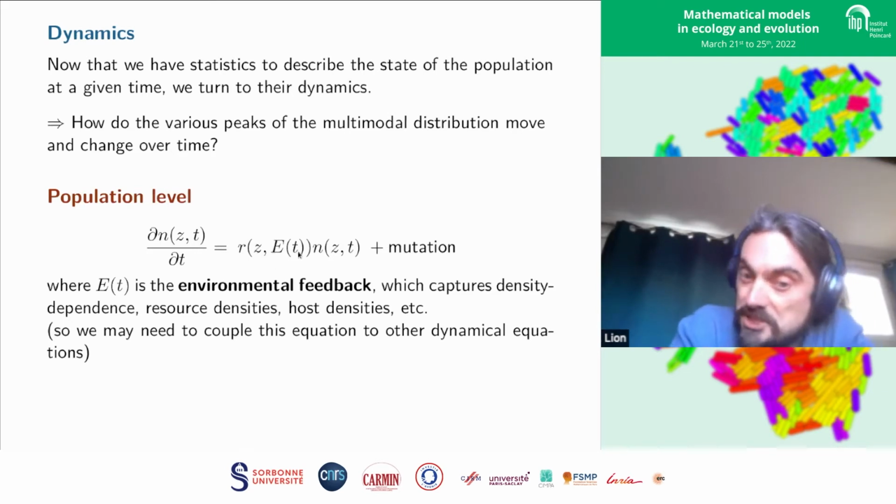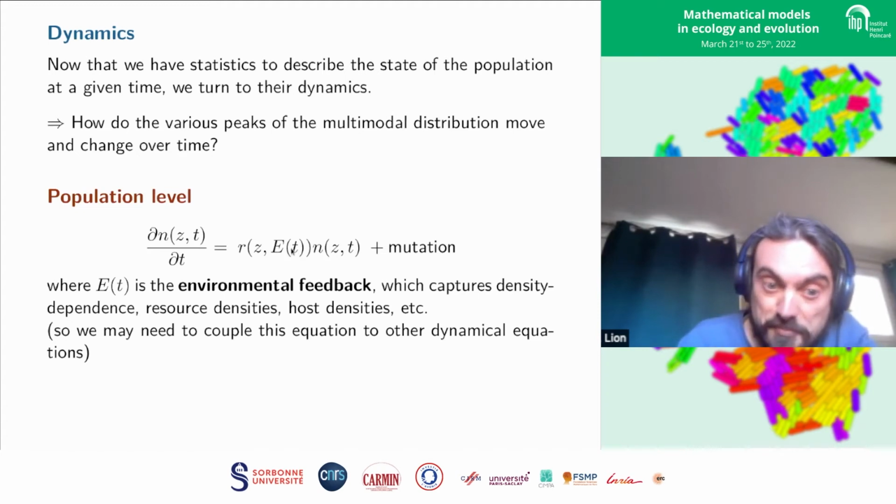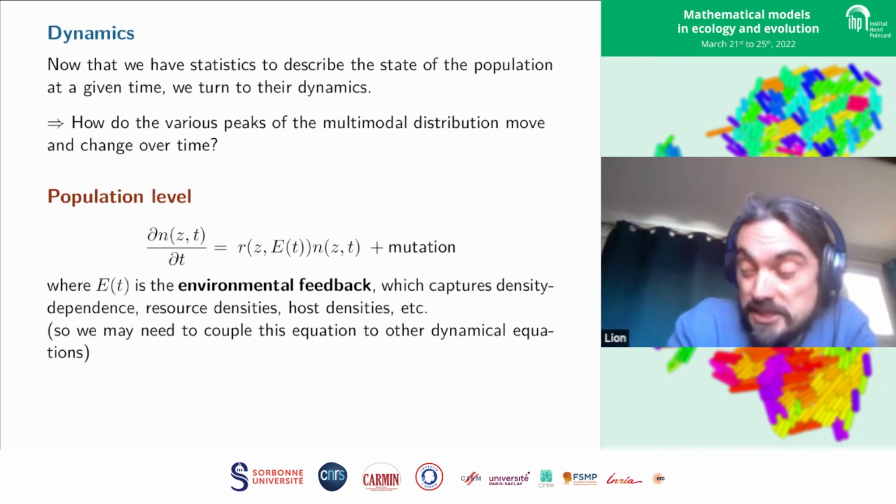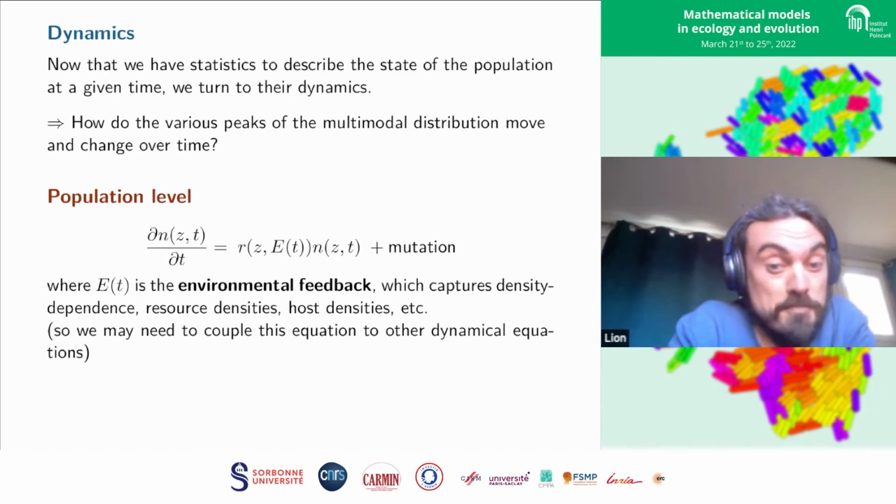So it can be anything we need to calculate this R. It can be N, like density dependence. It can be the frequencies of the different morphs, as we will see, or more specifically at that stage, the distribution phi(z,t). It can be resource densities, like the density of resource that the consumer we're looking at is consuming, or the density of susceptible hosts if we're interested in pathogen evolution.